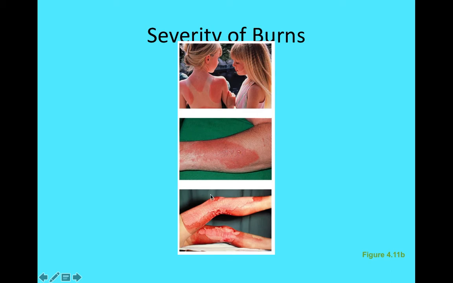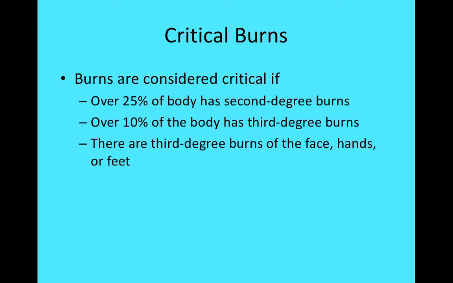And then there's a third-degree burn where all of the skin is burned away, and you can tell this person had some sort of shorts on, or perhaps boxer briefs, that kept them from burning in that location.